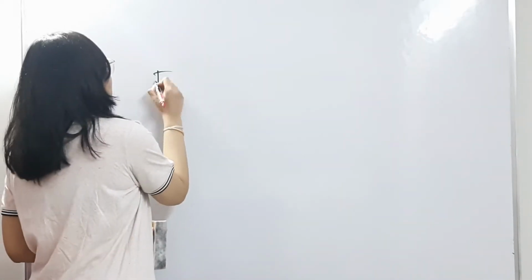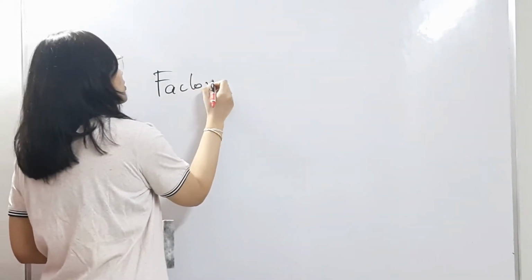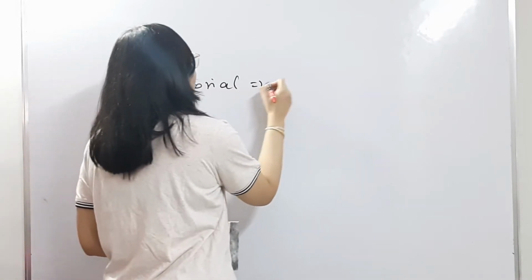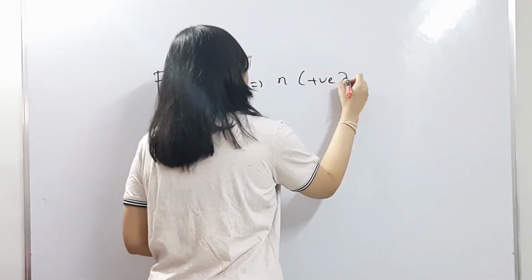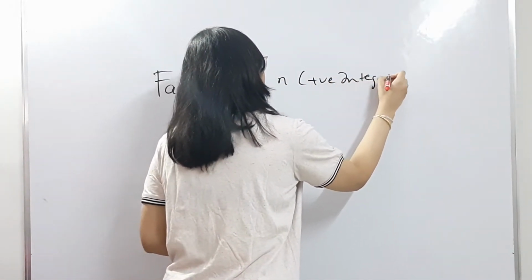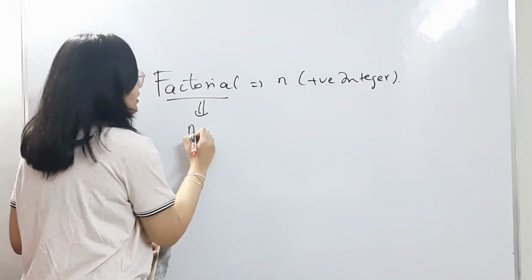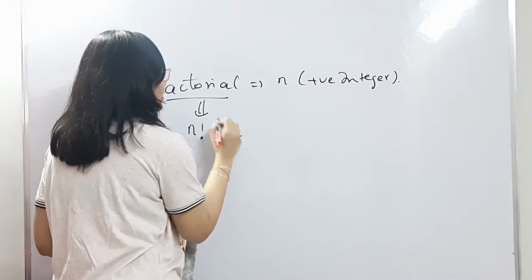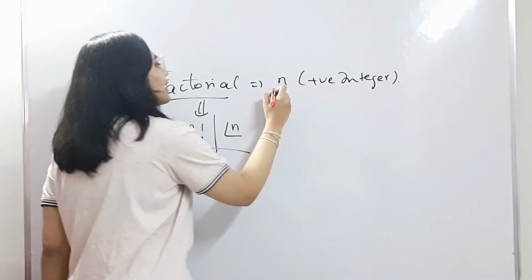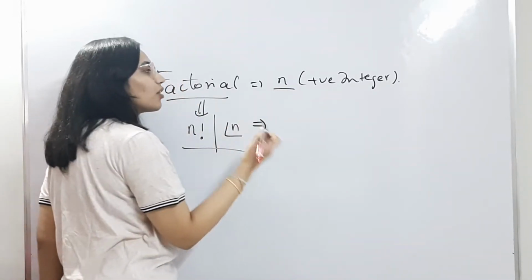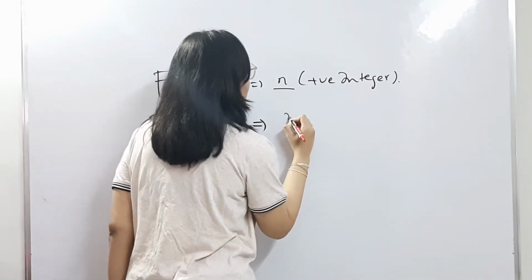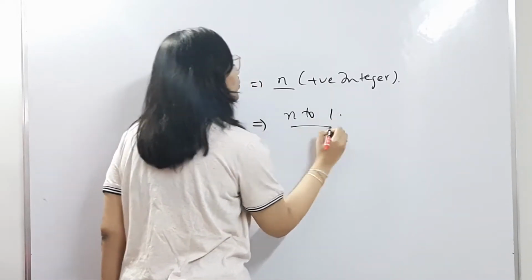So what is a factorial? Just a quick recap on factorials. Factorial of a positive integer n is written as n factorial, and it means the product of positive integers starting from n to 1.